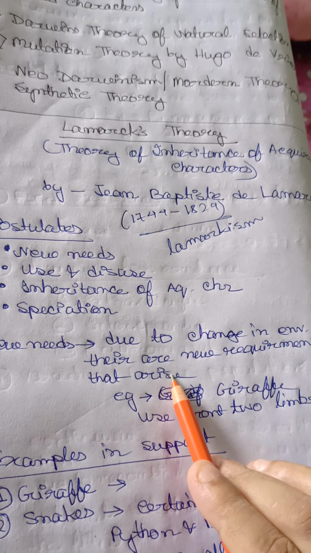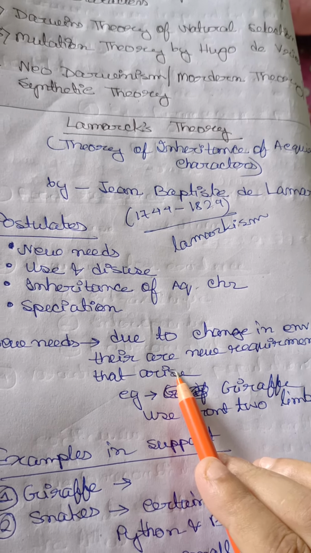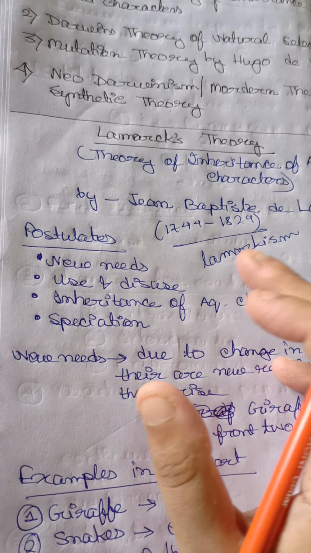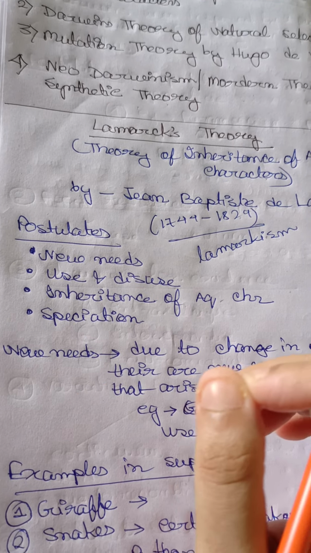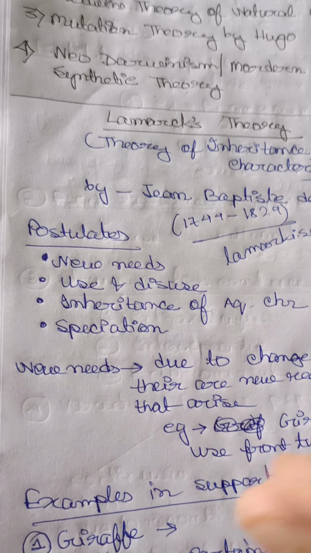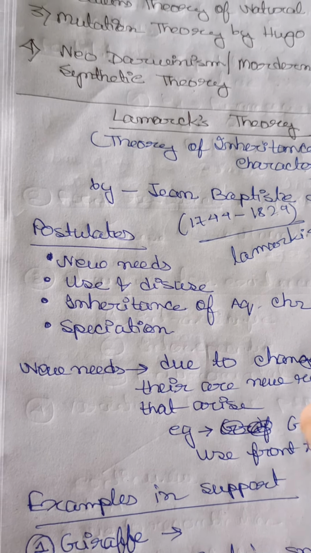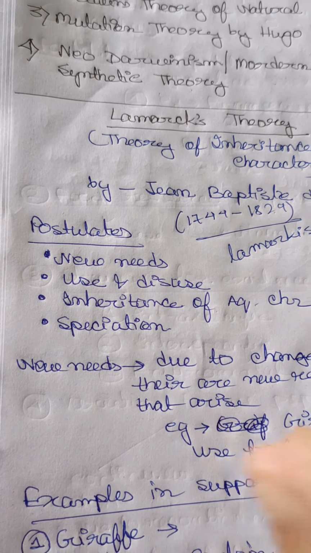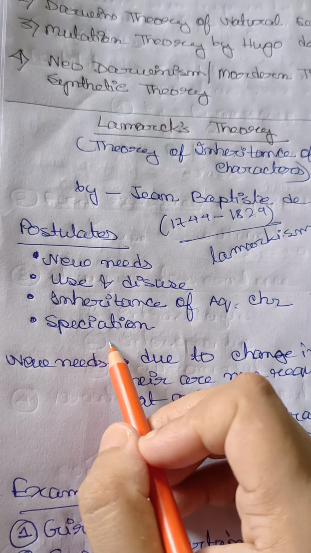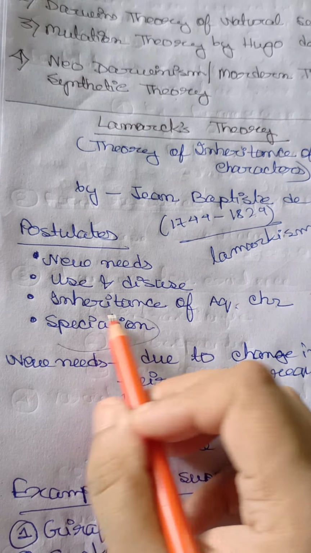Suppose there is any change in the environment and new characteristics arise; the organisms living in this environment will adapt, right? So due to this they will use and disuse some organs. Due to the use and disuse of some organs, inheritance of acquired characters will develop in their body, and that's why new species will come, that we call speciation. So one by one these topics are related.